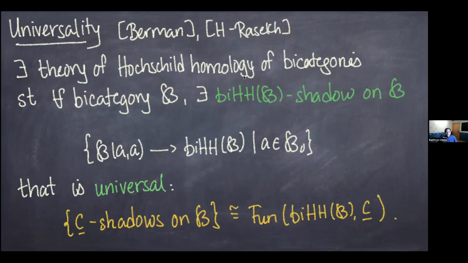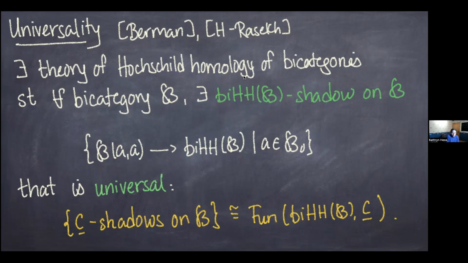So I talked about Hochschild homology of monoids in monoidal model categories, or for V-categories themselves, but you can actually also develop a theory of Hochschild homology for bicategories, which we'll just call bi-HH, which is a generalization of what we've seen before. And it turns out that if you have a bicategory, then there is a shadow on it which has coefficients in its own bi-Hochschild homology.